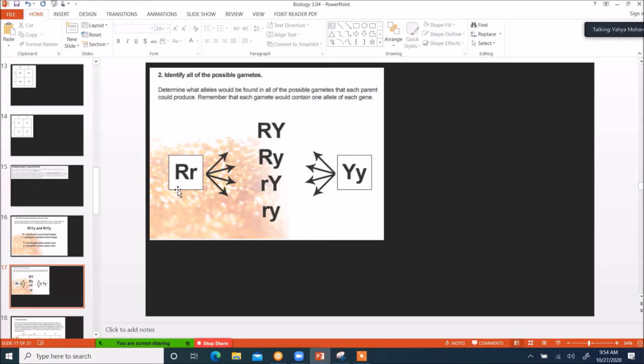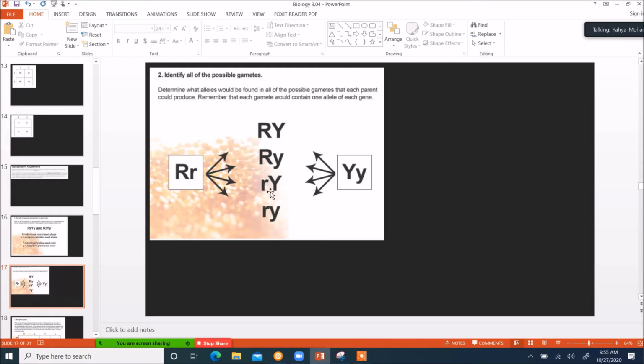Chromosome 5, every person has two copies, one from the mother, one from the father. So this person has a capital R and a lowercase r. Now to put into the gamete for the next generation, you could only pick one of these. So you could pick either the capital R or the lowercase r and send it into the gametes.